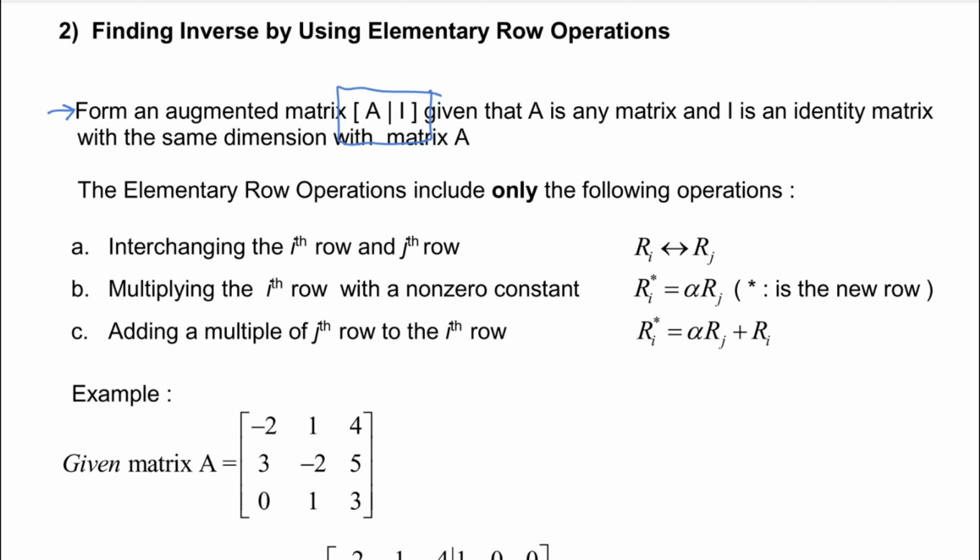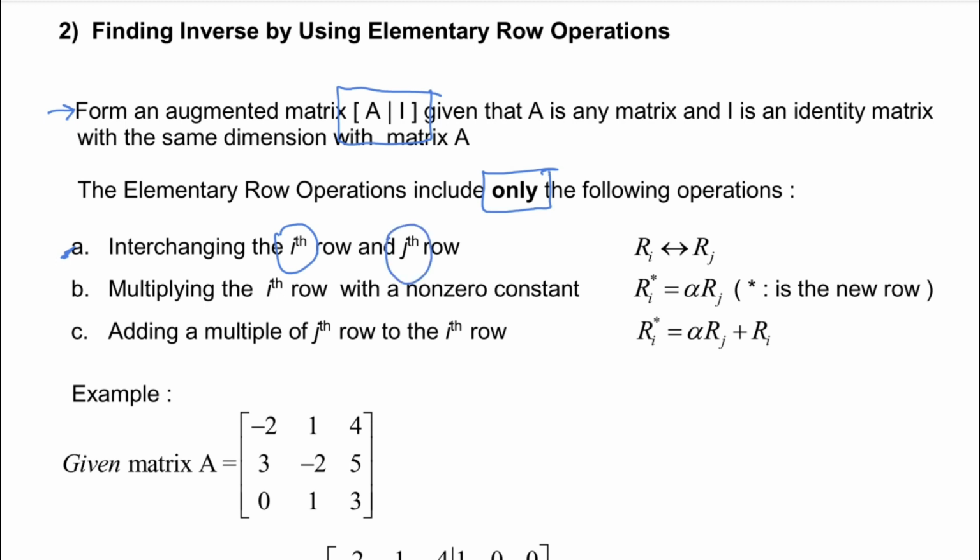Given that A is any matrix, A must be the same dimension as I. The elementary row operations include only the following operations. The first operation is interchanging any row with any other row.